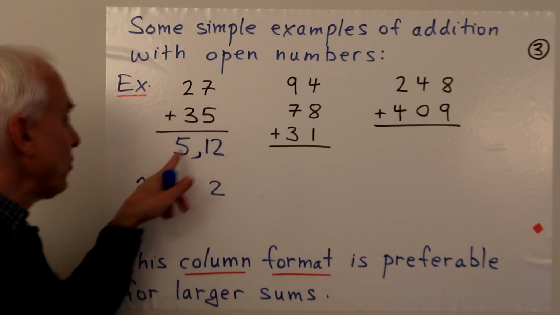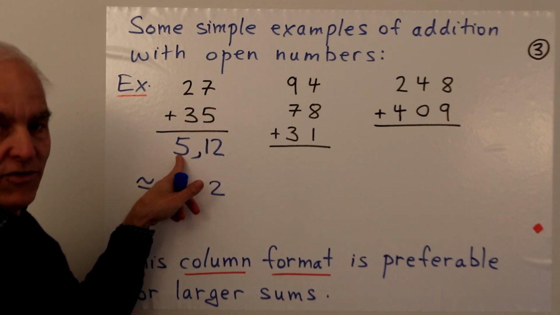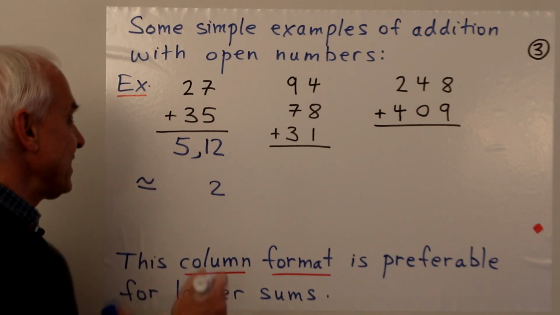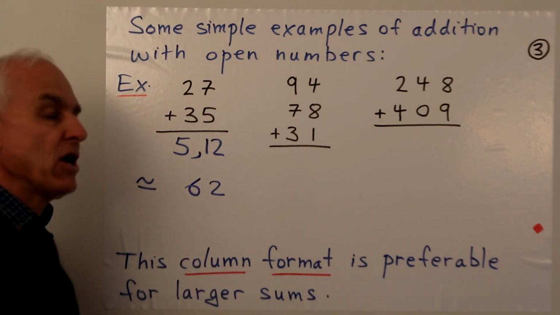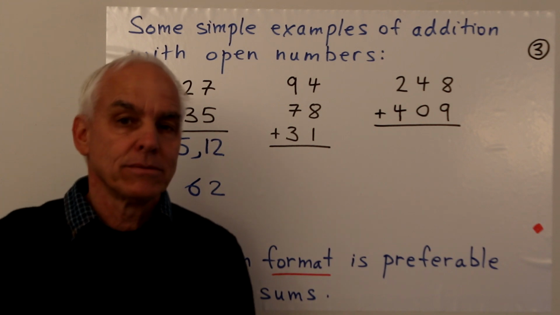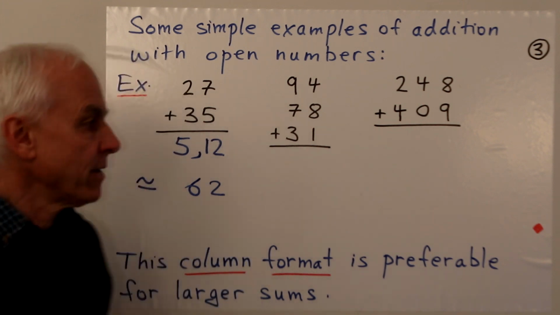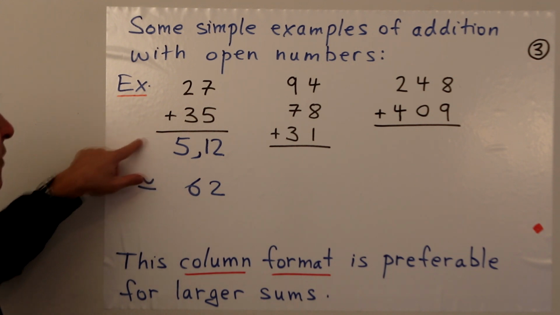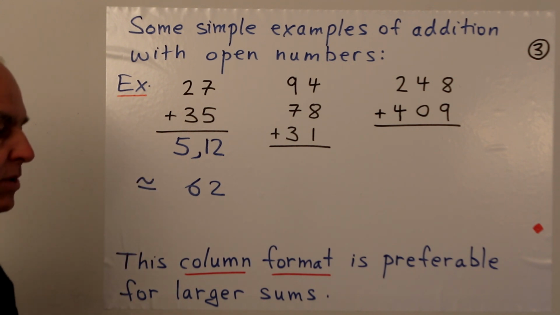So it can be grouped with this number of tens, 5 tens over here. So 5 plus 1 would be 6 tens. So altogether, this thing is actually 62. Okay, so that's using both steps. First to get a total, which is an open number, and then converting that total into a final closed form Hindu-Arabic number. That would be the traditional answer.